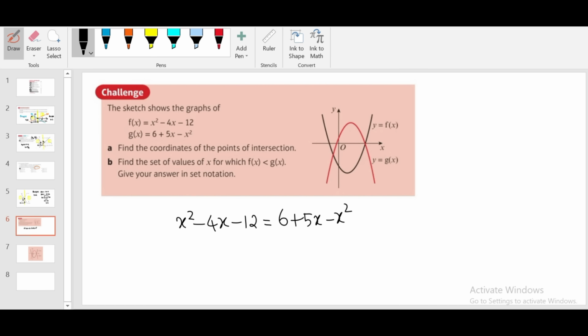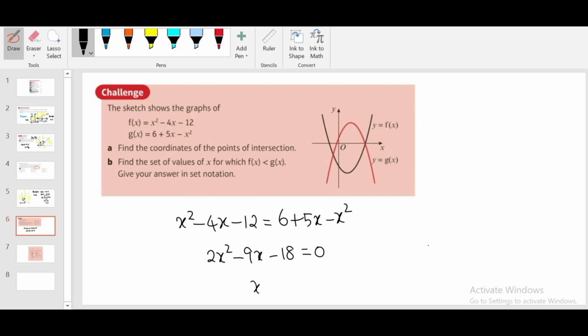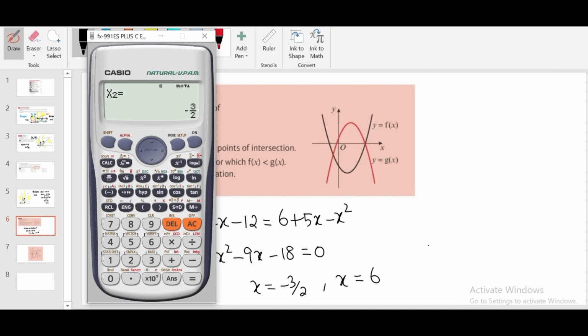So put everything one side, you will get 2x square minus 9x minus 18 is equal to 0. Let's solve this. You get 6 and negative 3 over 2. x is negative 3 over 2. x is equal to 6.